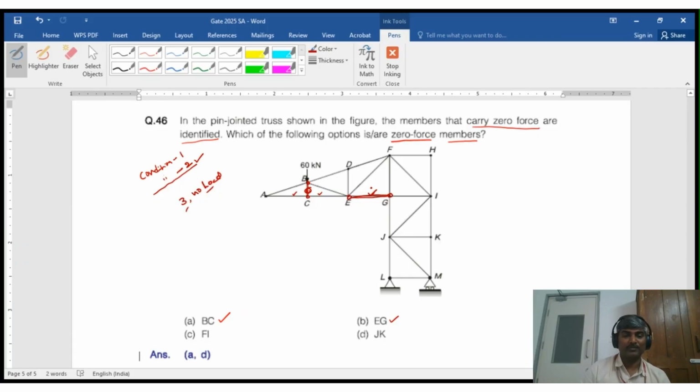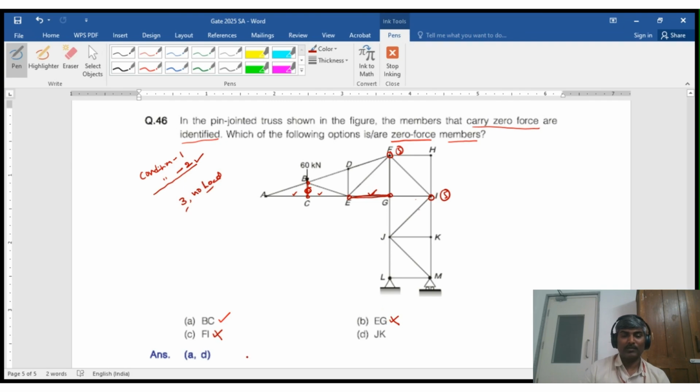And FI, either joint F or I doesn't suit any of these conditions. There are 1, 2, 3, 4, 5 members present at this joint. So no such condition is available for identifying these two as zero force members. So these cannot be identified.